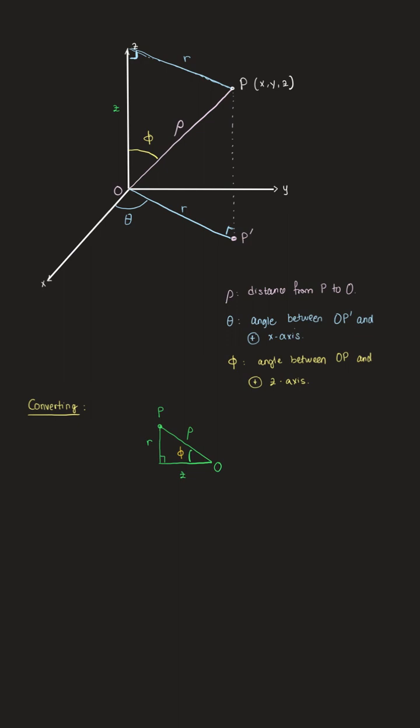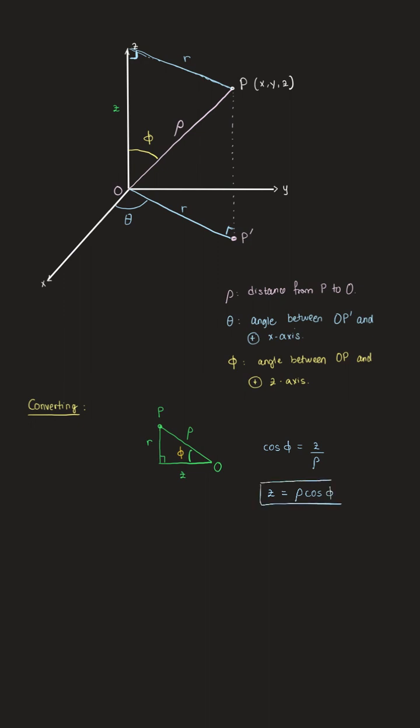So let's see. This right triangle tells us that the cosine of phi will be the adjacent side z divided by hypotenuse rho. And so that gives us a relationship between one of our rectangular coordinates z and rho and phi. So z equals rho cosine phi.